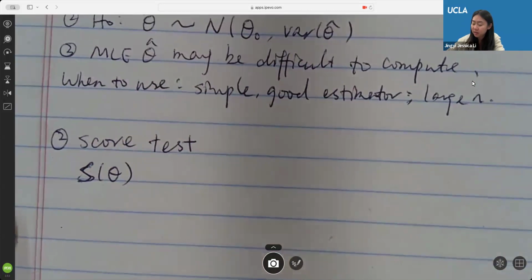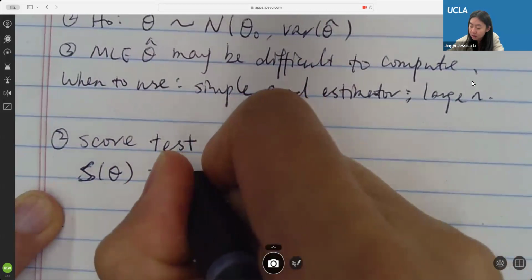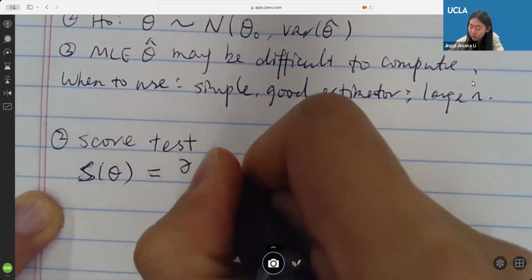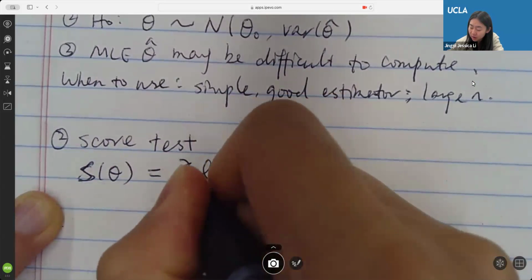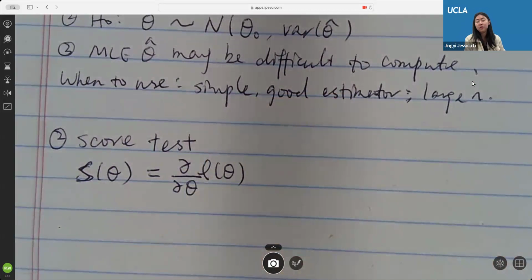It's defined as the first derivative of the log likelihood of theta. We write partial derivative because there may be other parameters involved. But we are just looking at the log likelihood of your parameter of interest, theta. We take the first partial derivative against theta. We call that the score function, okay?